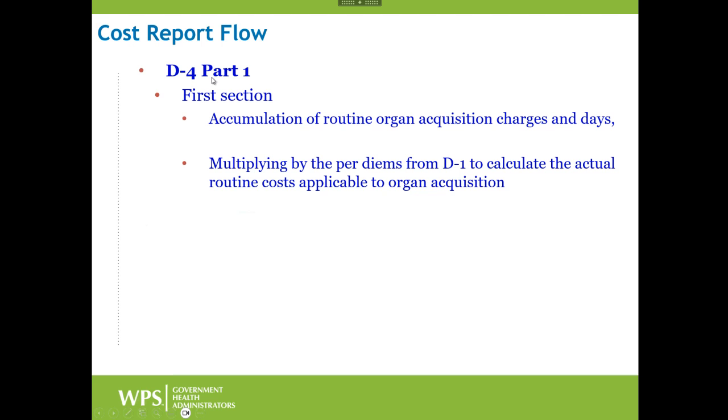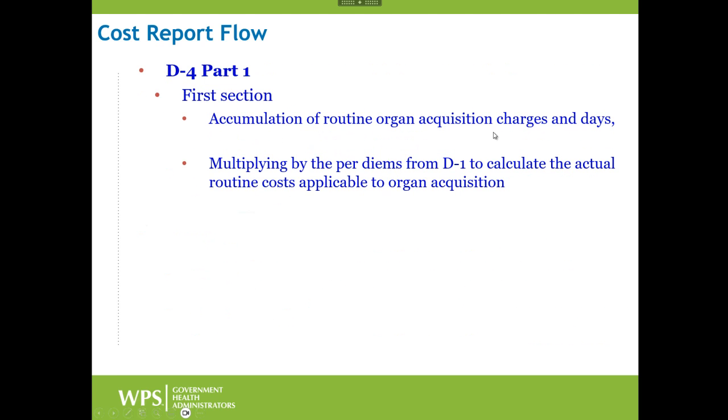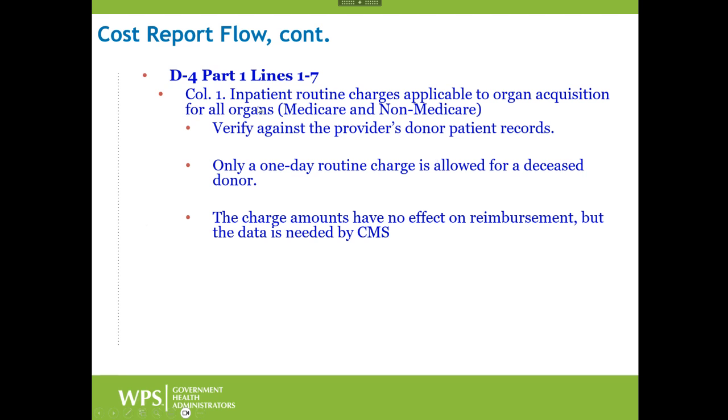So D-4 Part 1. This is where we're starting with the routine. We're doing what I just said before. This piece right up here, this is where this is happening. And again, we're multiplying the organ acquisition days by the per diems from D-1. We'll see that in just a bit.